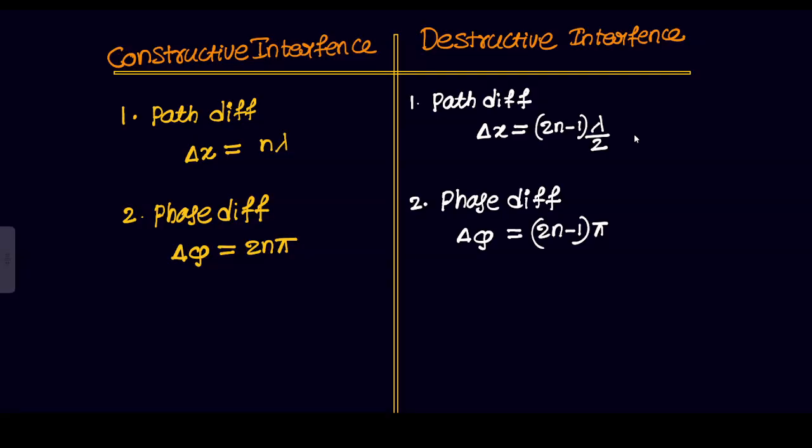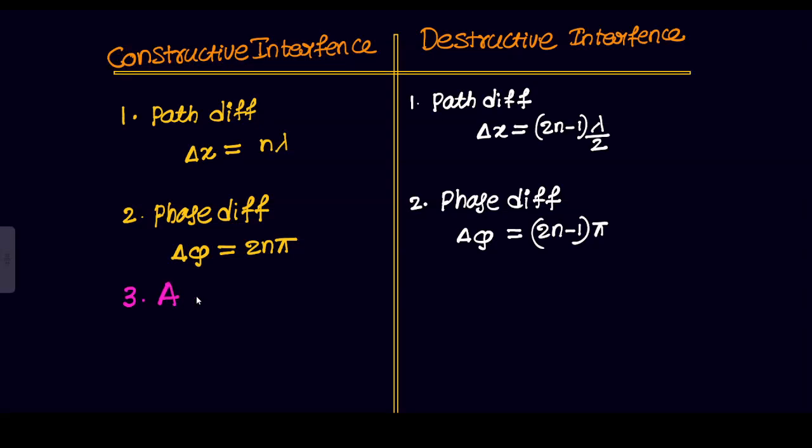For the constructive case, path difference is 0, lambda, 2 lambda, 3 lambda, 4 lambda like that, and phase difference is 0, 2 pi, 4 pi, 6 pi like that. Even multiples means constructive, odd multiples means destructive.